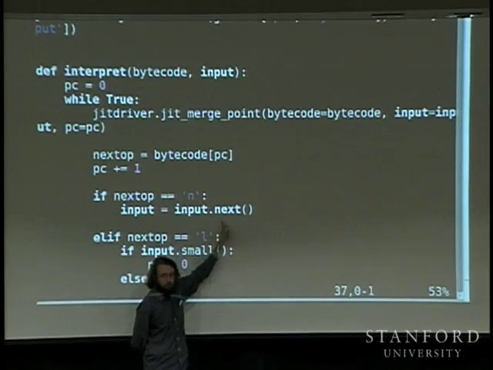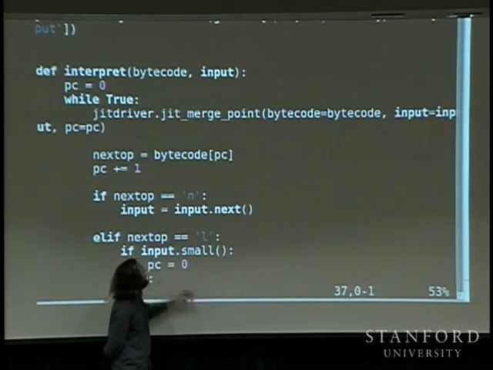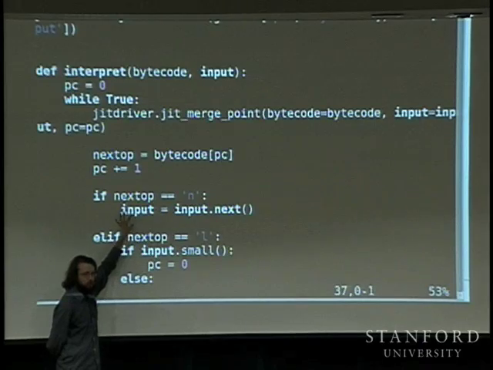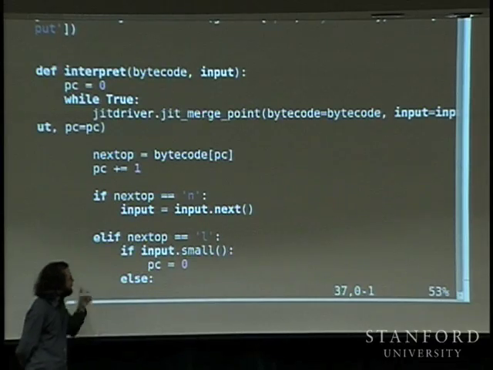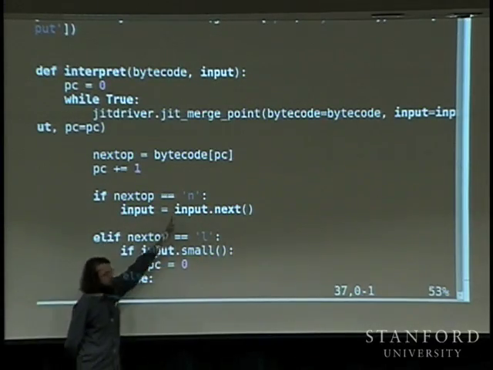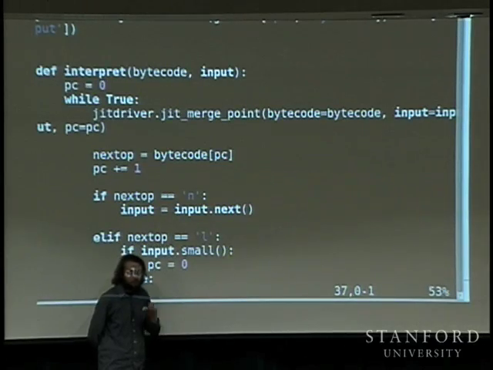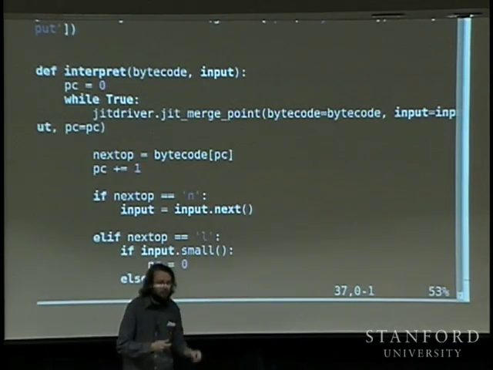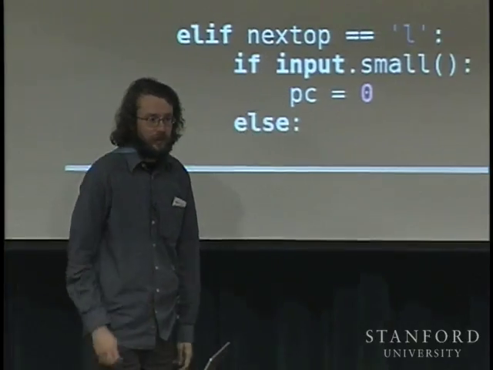Then you do this method call, and it returns a new instance of Integer. So, for example, if your bytecode contains an add, you're going to make two intermediate pointless instances.